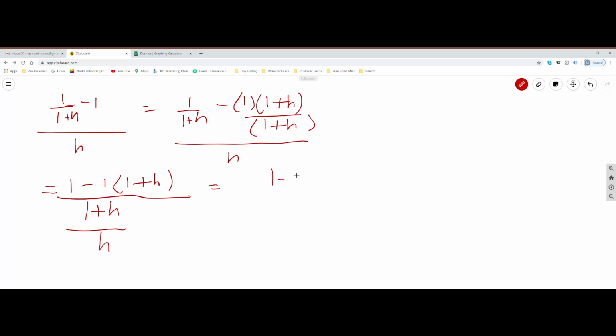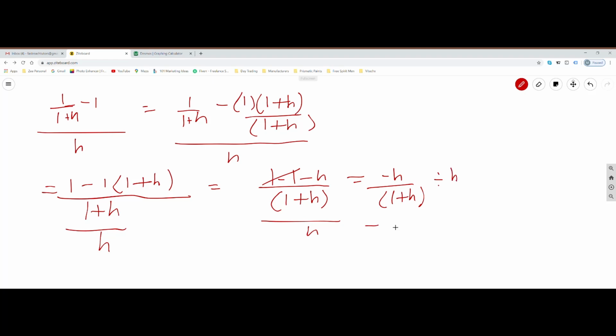So now when you expand it out, you get 1 minus 1 times 1, and there's a negative, so it's minus 1. And then negative 1 times h is negative h over 1 plus h over h. So the 1's cancel and you're left with negative h over 1 plus h, and then divided by h.